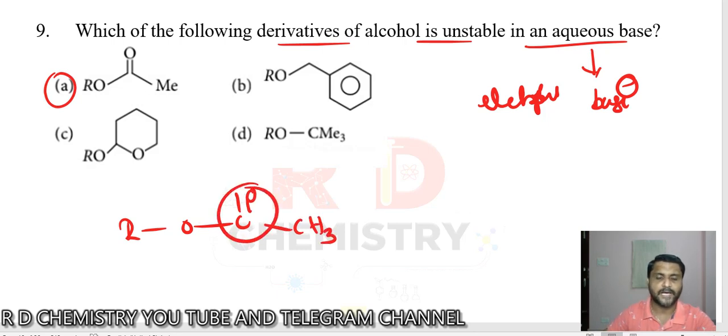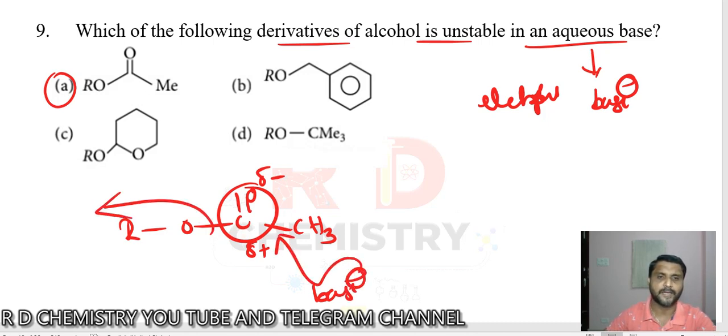There is a carbonyl carbon, an electrophilic carbon, and oxygen with negative charge. So the base can easily attack the carbonyl carbon and this OR minus can go off. So the answer is option number A. In other cases, there is no electrophilic carbon anywhere. Okay, A is the answer, right?